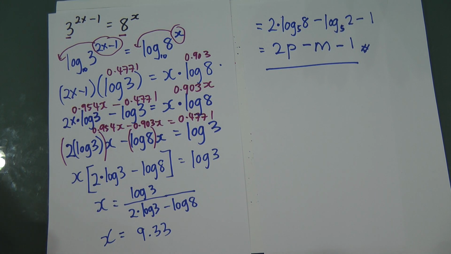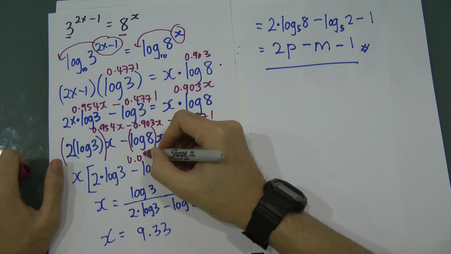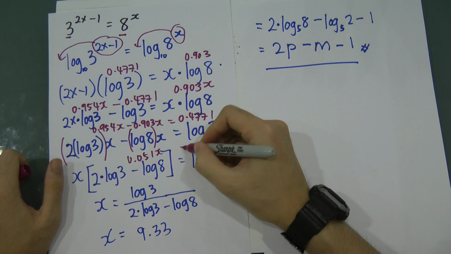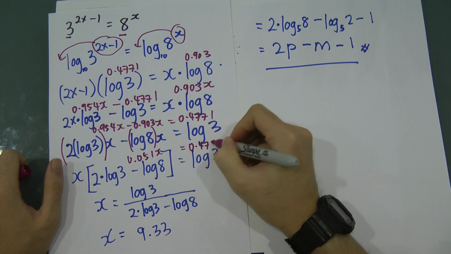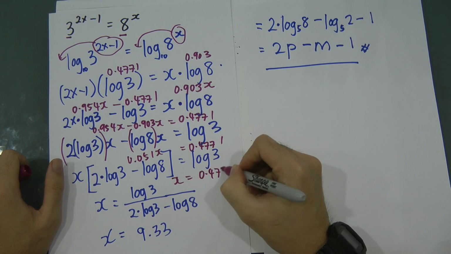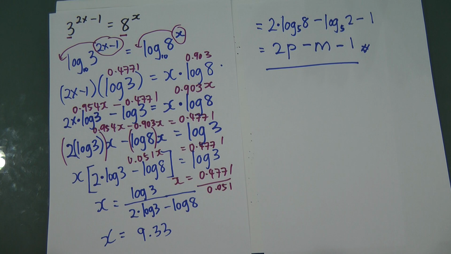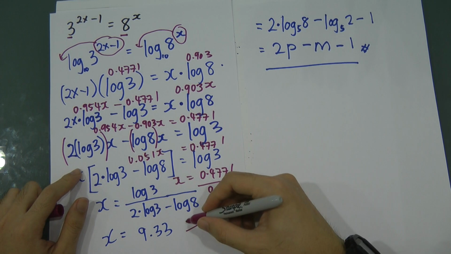Then you will get something like 0.051x equals 0.4771. So x will equal 0.4771 over 0.051. So I just press 0.4771, divide by answer. Yeah, I will get back the same answer.